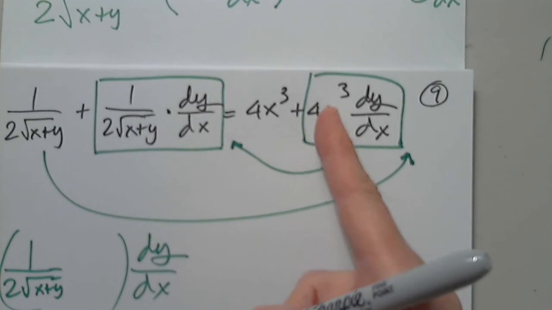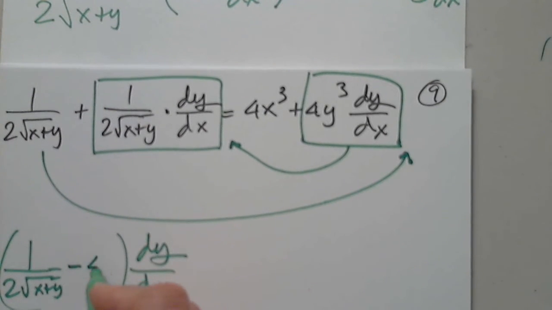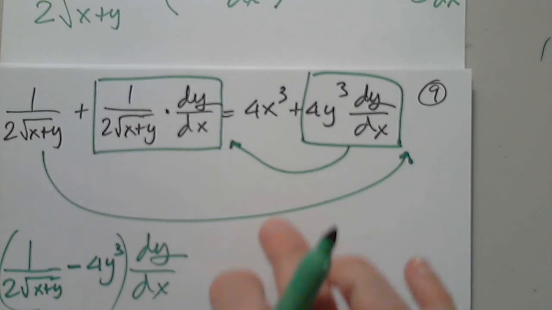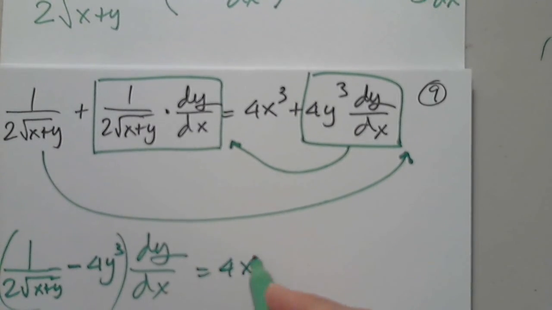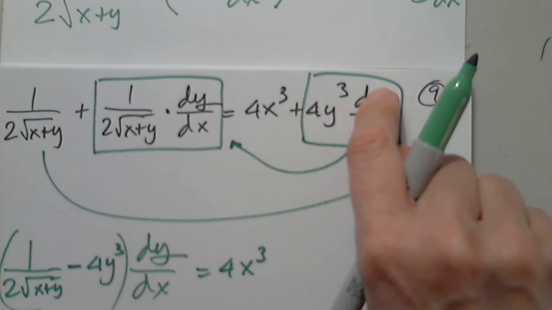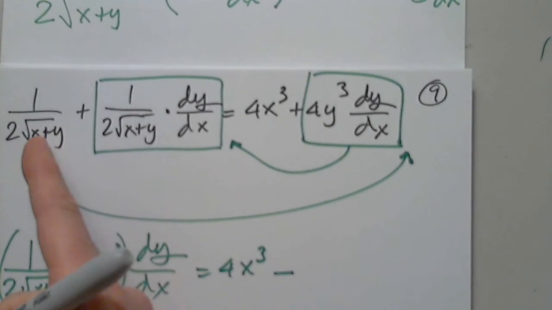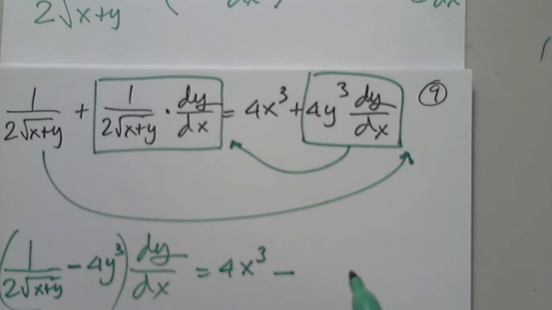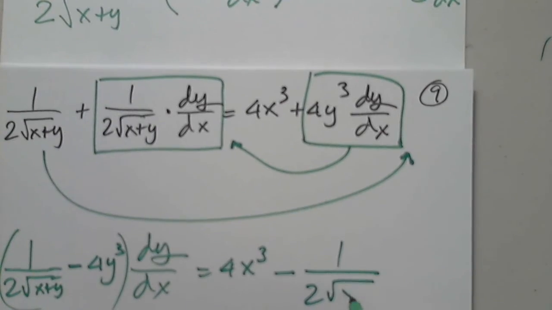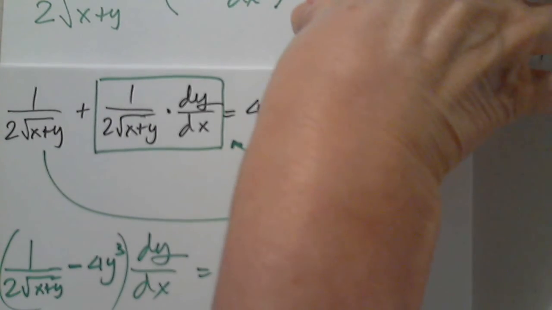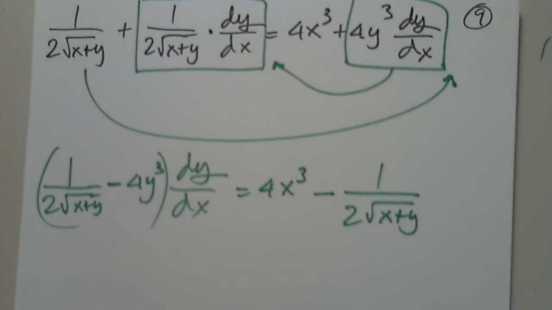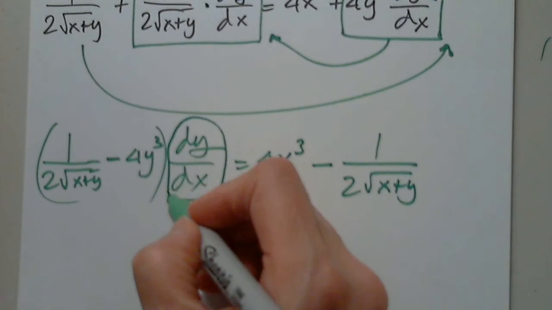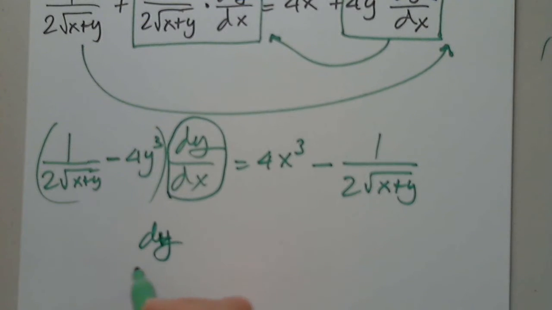But this one was positive, so when I move it to the other side, it will be negative 4y to the third. Now the 4x cubed stays, but I bring this and I have to change its sign because I'm moving it from one side to the other. Finally, I am after this. What does dy over dx equal to?